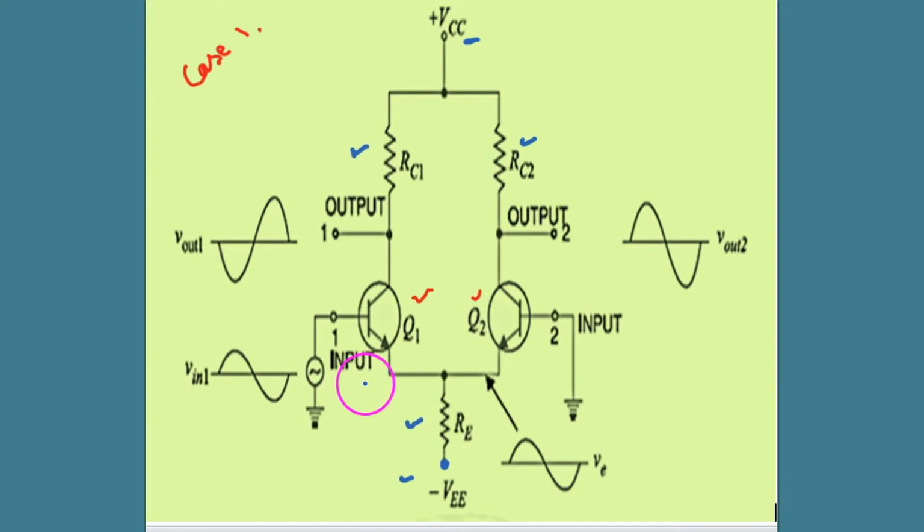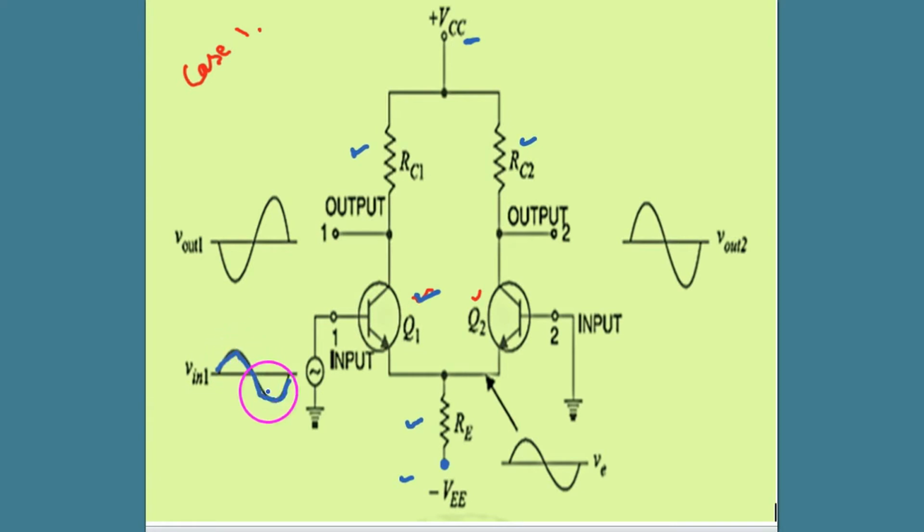Okay. Now let the input signal be applied here to the base of Q1. So actually Q1 in this case serves as common emitter as well as common collector configuration. You know how?